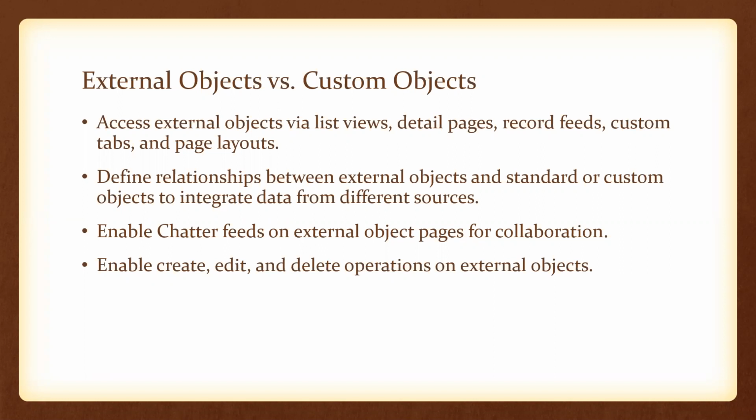We can also define relationships between external objects and standard objects to integrate data from different sources. We can enable Chatter on external object pages for collaboration. In the same way, we can create, edit, and delete data or records on external objects.